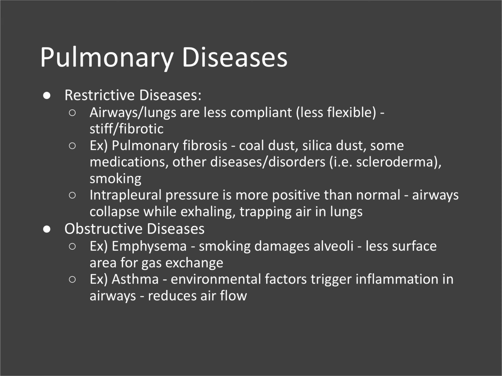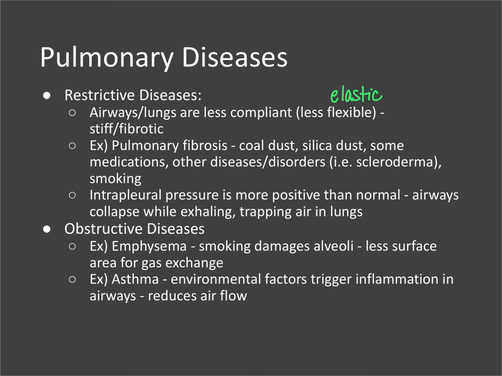So pulmonary diseases can be classified as either restrictive diseases or obstructive diseases. Restrictive diseases occur when the airways or the lungs are less compliant, less flexible, or less elastic. And we can also say that they are stiff or fibrotic.